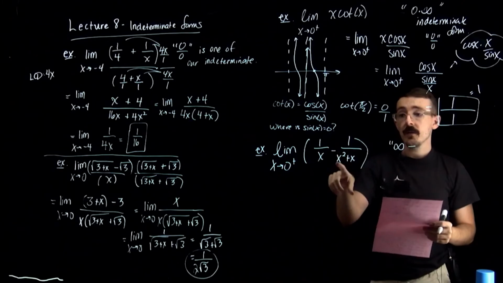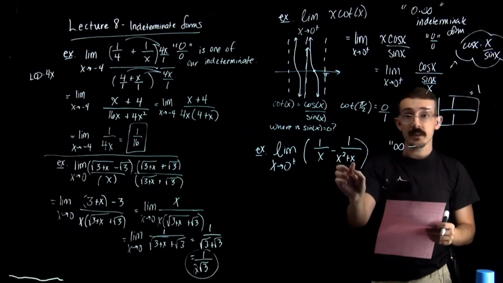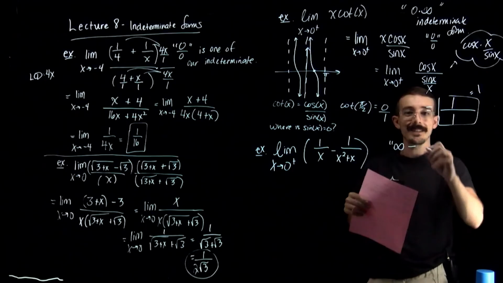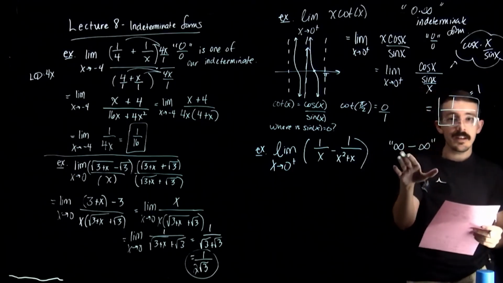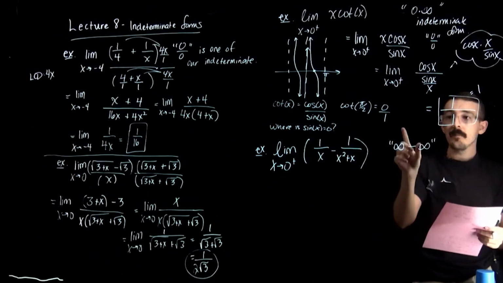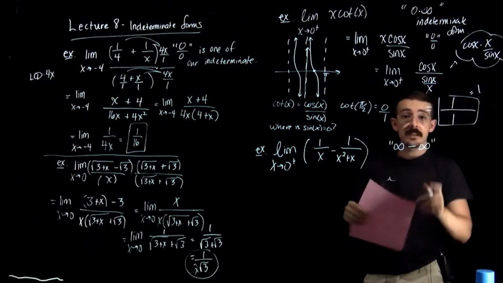You're going to have a 1 over x squared plus x. That's a very small positive number, and this is also a very small positive number. So if you add two very small positive numbers, it is a very small positive number. So we have this thing that kind of looks like some kind of funny face or emoji or something. Infinity minus infinity is the third indeterminate form I'm visiting in this video.